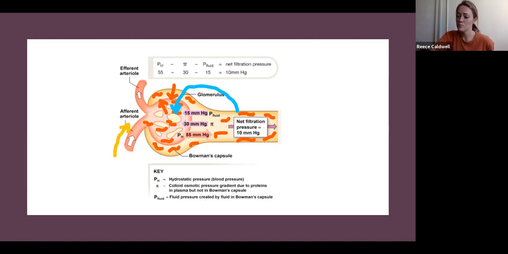So again, blood is brought in through that afferent arteriole, and as well as blood, so is water. Water is in blood, water plasma. So when water enters in through the glomeruli and into the Bowman's capsule, the osmolarity will be altered. So we'll have an increased osmolarity inside of the glomeruli, which means we'll have a decreased osmolarity outside in the Bowman's capsule.